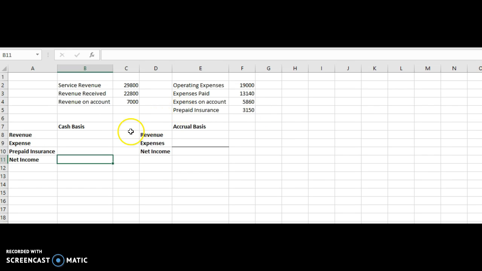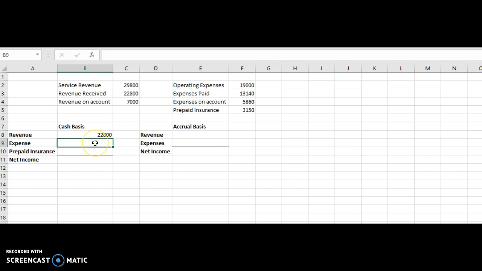So what we do for cash basis, or I guess for net income in general, is revenues minus expenses. So we're going to start off with cash basis, and the revenue for that would be $22,800, just because that's something that was received, and cash basis is used for things that have been received and paid for.